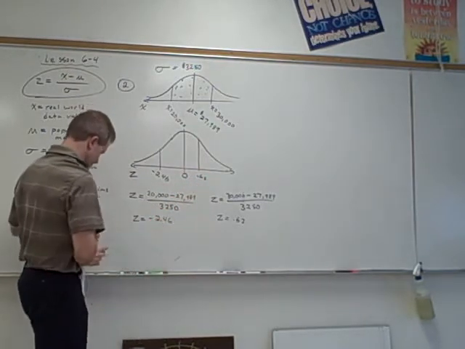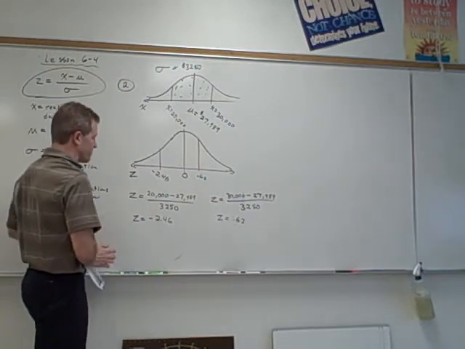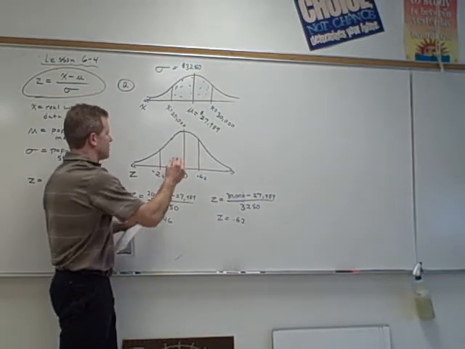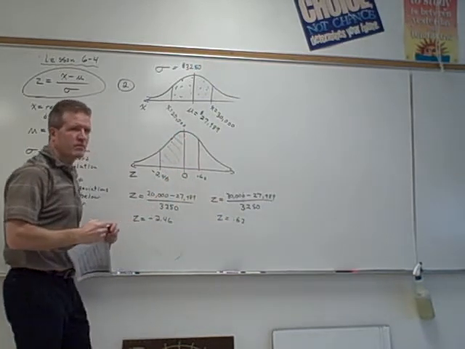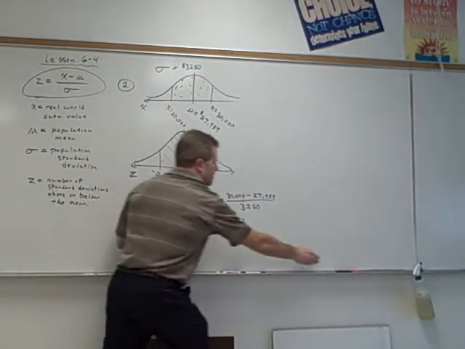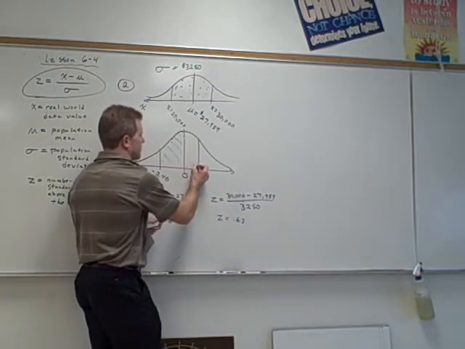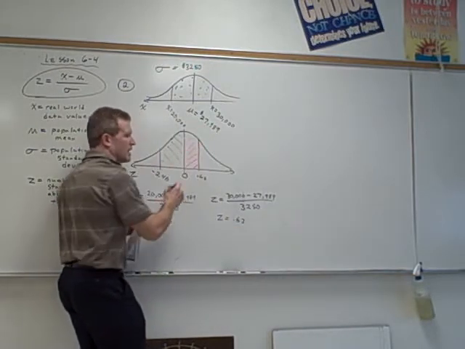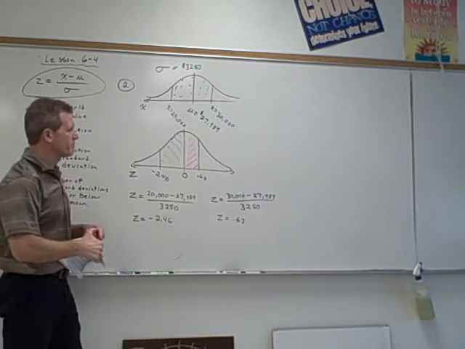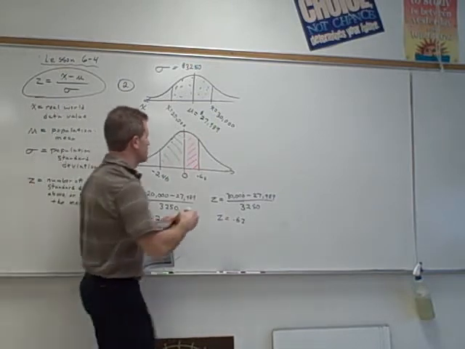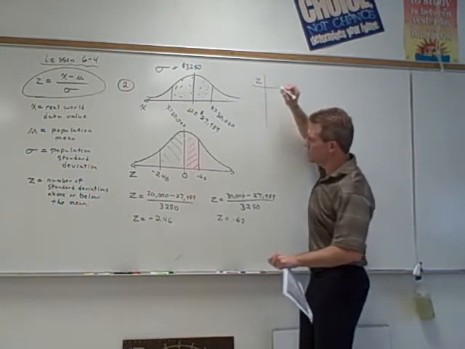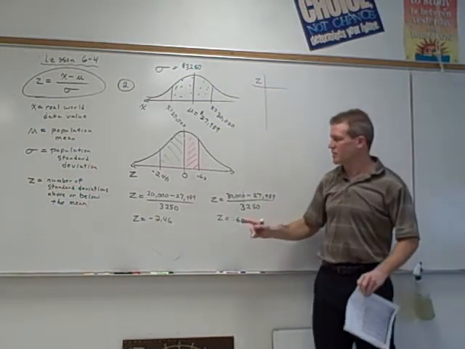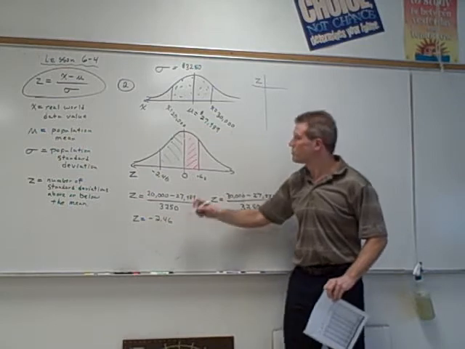What I need to do now is use my z-chart to find this green area here. Then use my z-chart again to find this pink area here. Then add those two values together and I'll have my answer. So I go to my z-chart. First thing I look up is 2.46. Remember, the z-chart doesn't have negative z values anyway, so we're going to use positive 2.46.